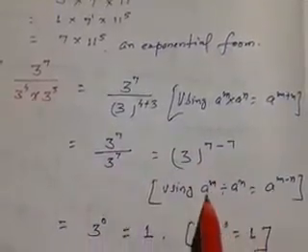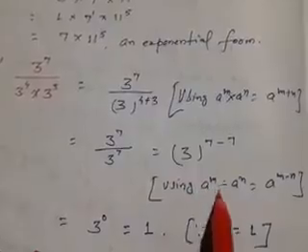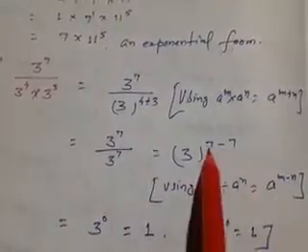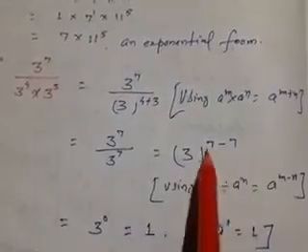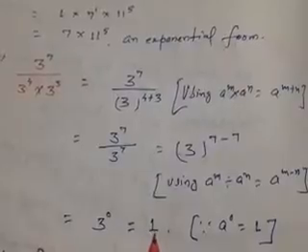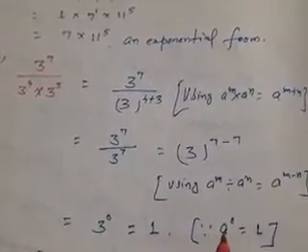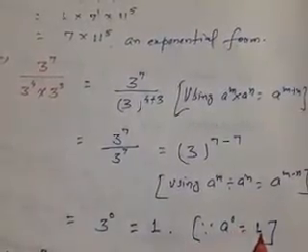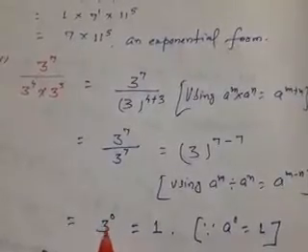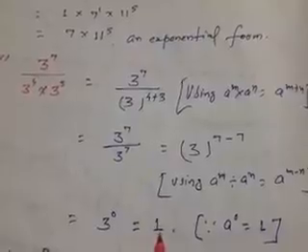Using this law, a to the power m divided by a to the power n is equal to a to the power m minus n, 7 minus 7 becomes 0, so 3 to the power 0 is equal to 1, because we know that a to the power 0 is equal to 1. So when we write power 0, its value becomes 1.